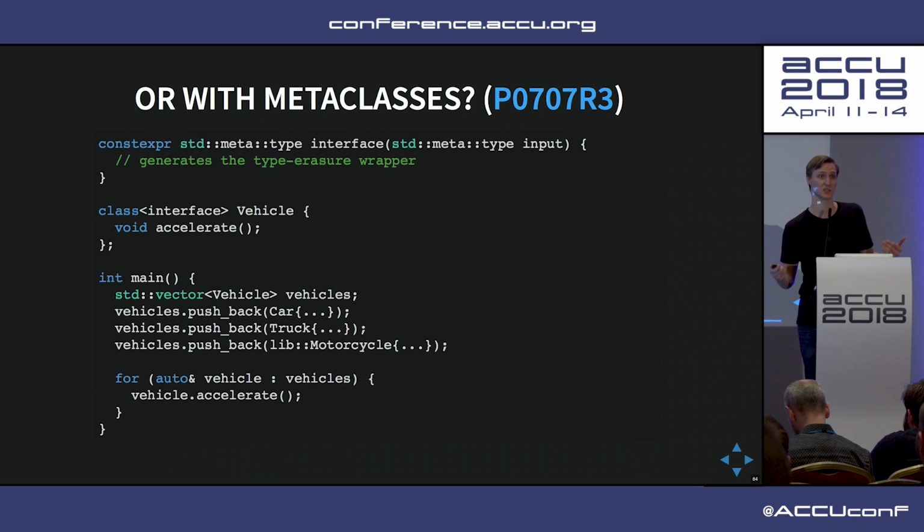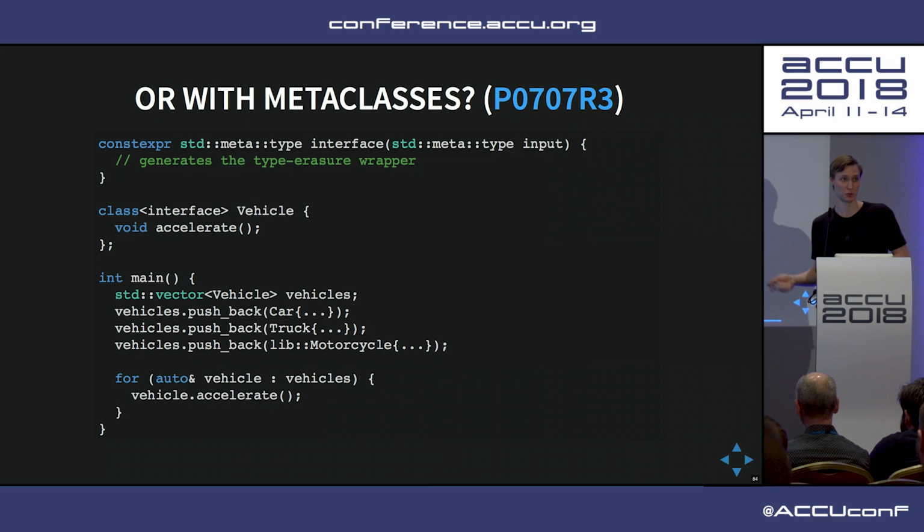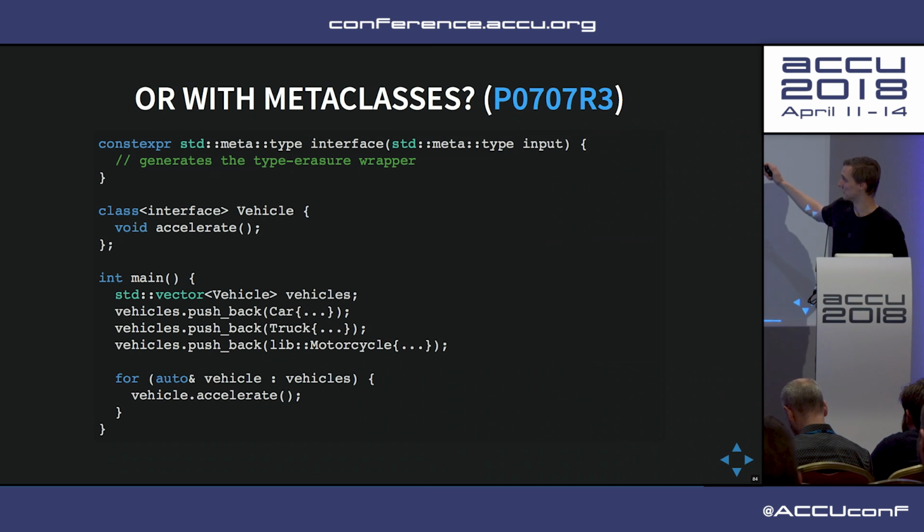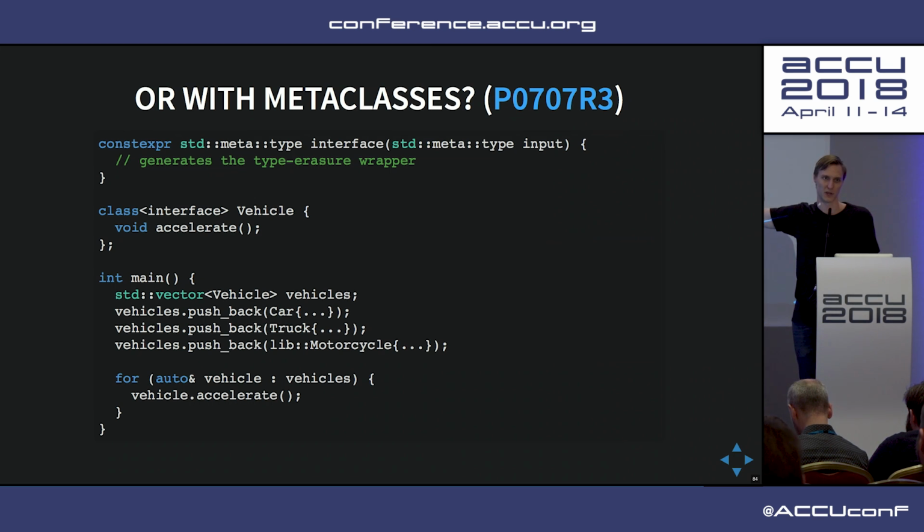So there are ways out of this mess. That's just one way. Or we could use metaclasses, right? Which was actually presented for the first time by Herb last year at this conference. Based on the latest paper for metaclasses, you would generate your metaclass, which is just a constexpr function, in a very similar way as what I just showed in the other slides before.